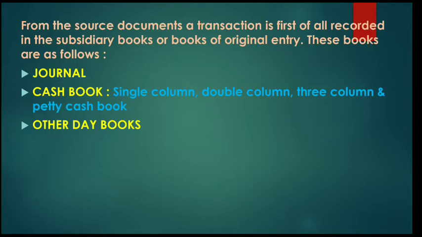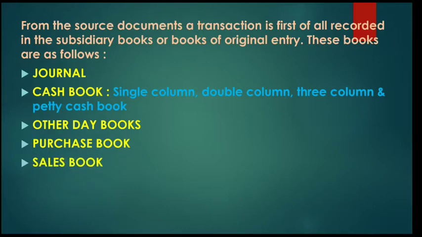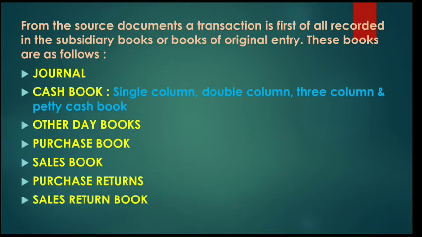Number 3 is other day books. 4th is purchase book. 5th is sales book. 6th is purchase return book. 7th is sales return book. So these are the subsidiary books or books of original entry.